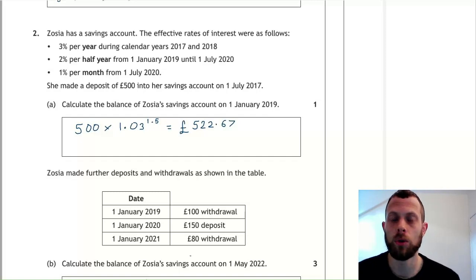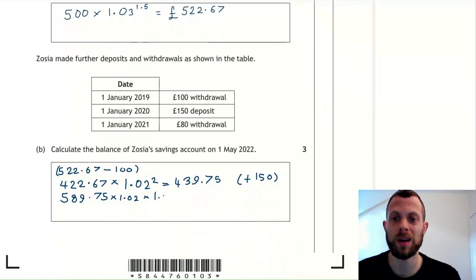Then we have 6 more months in 2020, and now the interest rate is 1.01 a month. So we multiply by 1.01 to the power 6 for half a year, or 6 months, and we get £638.55.